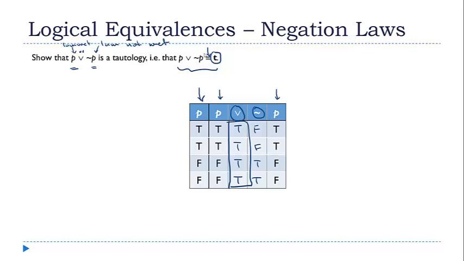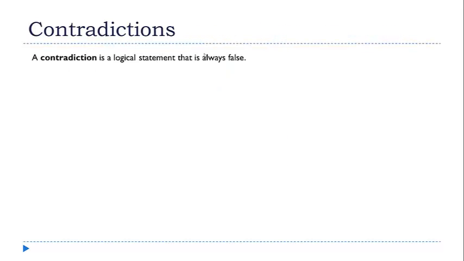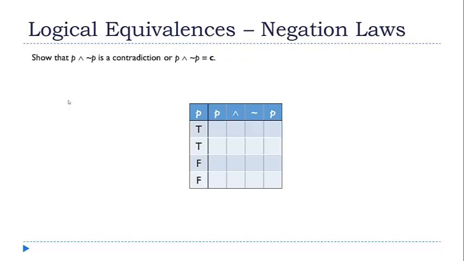Okay, well, there's an obvious opposite to a tautology. It's a contradiction. A contradiction is a logical statement that is always false. For example, let's look at the negation that we're going to do here. You can see how this compares to the previous one.